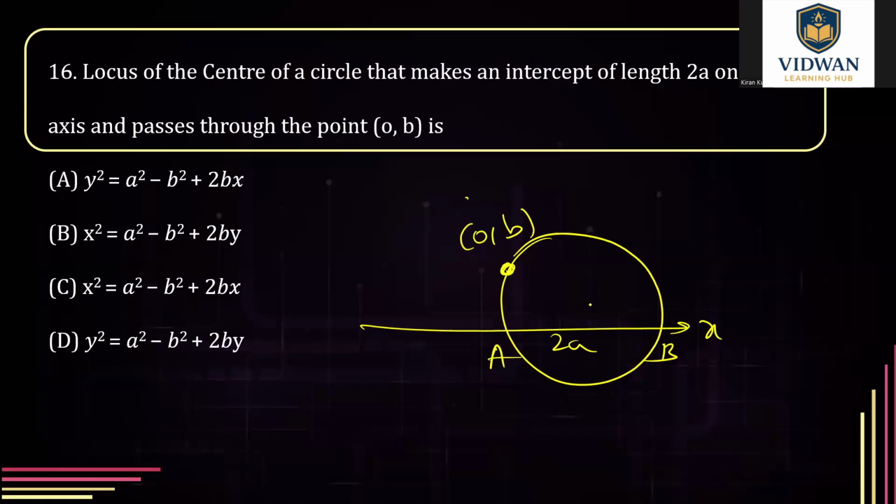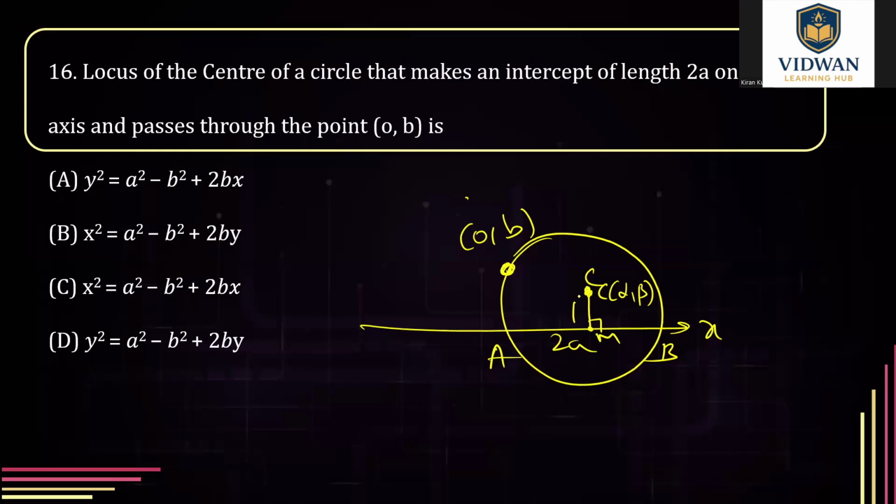Then what is the locus of its center? So if the center is somewhere here, you want the locus of the center. Suppose the center has some alpha, beta as the coordinates. To find the locus of the center, you need an equation in alpha, beta. So how do we do this now? If you drop a perpendicular like this, what is the distance from center to x-axis? It should be the y coordinate.